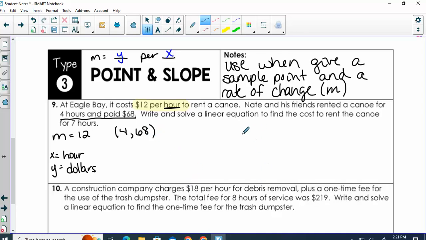Now we've written equations from this before. Remember the y minus y1 equals m, x minus x1? So I can say y minus my y value, which is 68, equals the m, which is 12, times x minus our x value, which is 4.